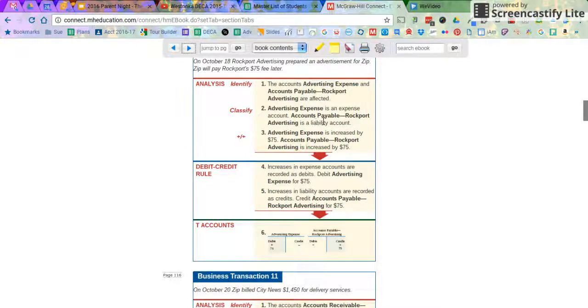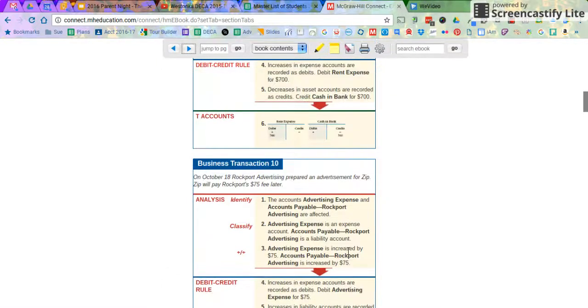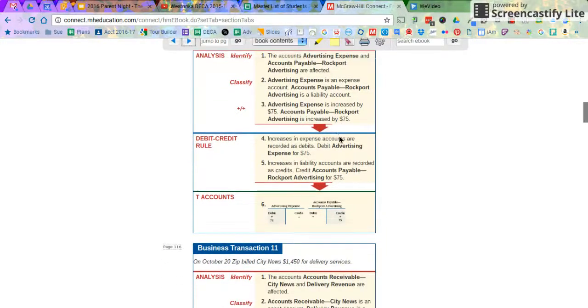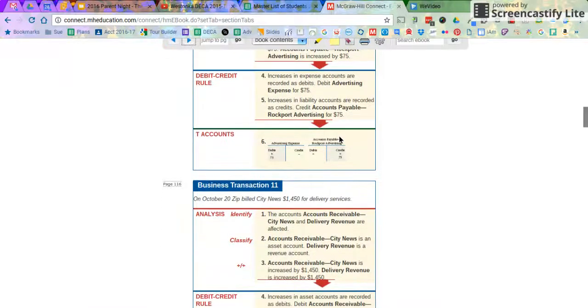We know that we increase a liability on the credit side, and expense is always a debit on the left side. So the debit is to advertising expense, the credit to the payable. So here's these two examples. Both debits are the expense, and in one case we're using cash, and the other case we're doing a liability.